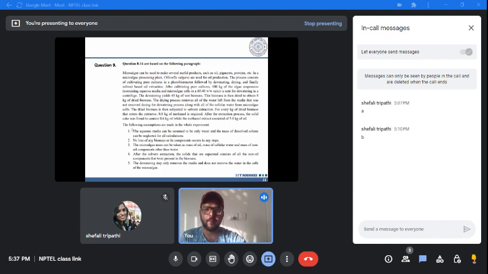The paragraph says microalgae can be used to make several useful products such as oil, pigment, protein, etc. In a microalgae processing plant, Chlorella vulgaris is used for oil production. The process consists of cultivating pure culture in a photobioreactor, followed by dewatering, drying, and finally solvent-based oil extraction.